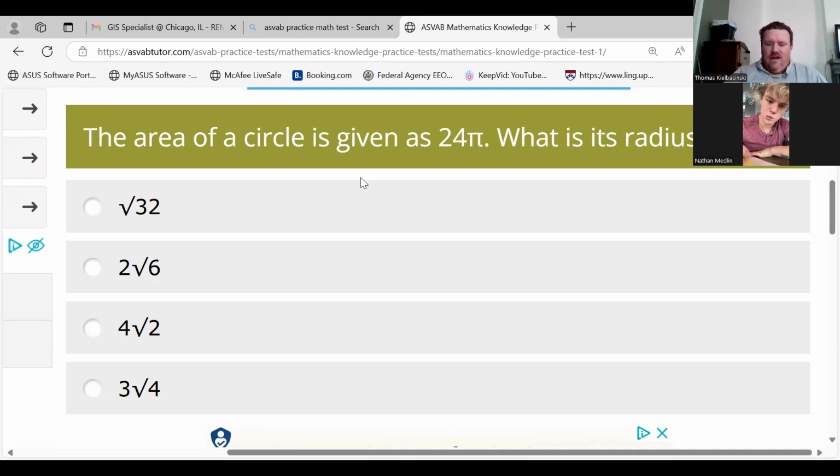Okay, so area equals pi radius squared is what it basically is.